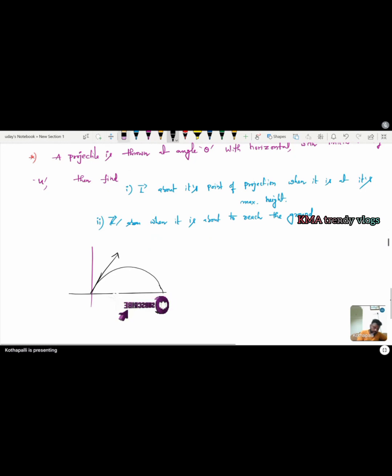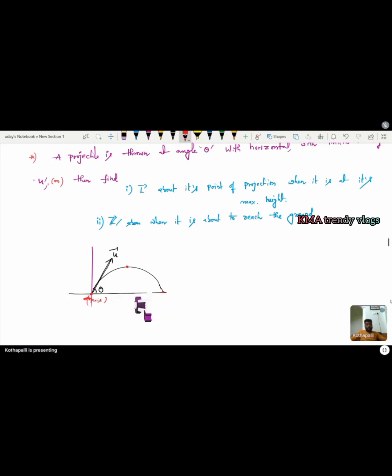Initial velocity u at an angle theta with horizontal, and when it is at the highest point, and when it is about to reach the ground, at the end point, what is the angular momentum of this particular projectile about the origin, or about the axis of rotation, which is at the point of projection? Take the mass of the body in projectile motion as m. Think of it. I'll give you 2 minutes time.